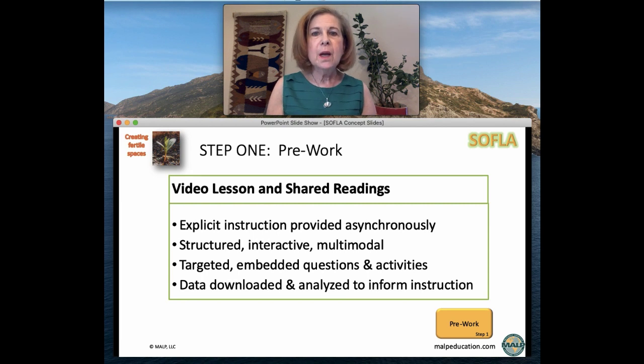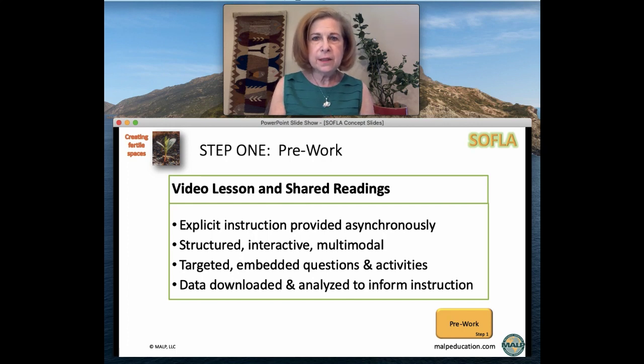The other important piece about the pre-work: when you make it interactive, you need to have targeted, embedded questions and activities. You have to think very carefully about what it is you want them to be taking away from what you are providing in the way of content.